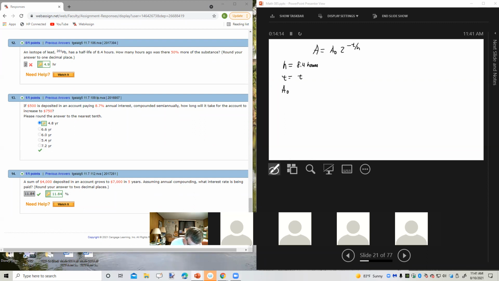So in this case, the final amount is given as A. How many hours ago was there 50% more than A? So if this is 100% of A, 150% of A, or 1.5A. So in other words, the initial amount was 1.5 times the final amount because it contained 50% more than it does at the end. You all right with that?